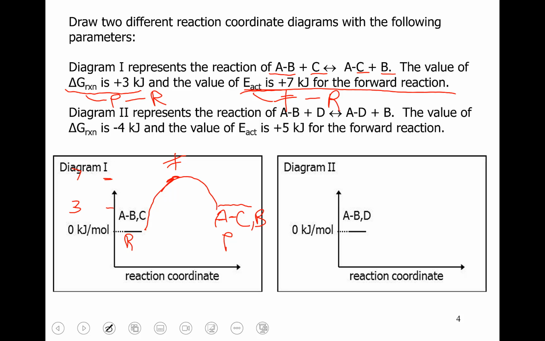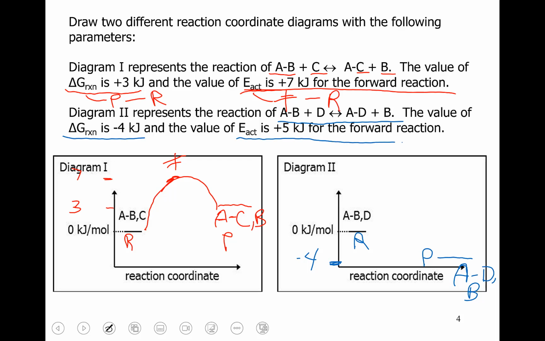Now let's try this for AB reacting with D to make AD plus B. This time, delta G reaction is minus 4 kilojoules. So if my reactant is at 0 kilojoules, let me put a mark on my scale at minus 4. So my product energy this time is lower, where A is now bonded to D, with B no longer in a bond.